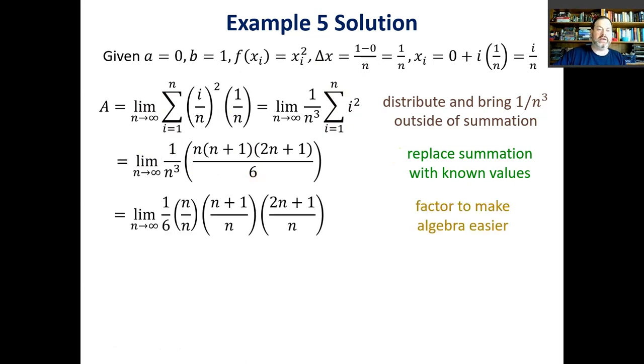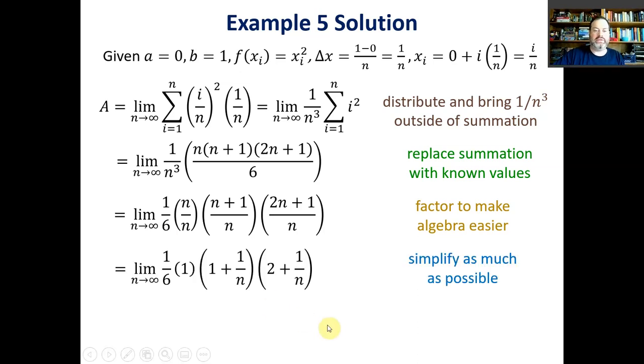Then we simplify, and you're allowed to simplify this however you want. There's no right way to do this. I've just factored it to make the algebra easy. I pulled all the constants out, I pulled the 1/6 out. And then I lined up all the terms that had n's in them, because that way I don't have to divide through by the highest power in the denominator.